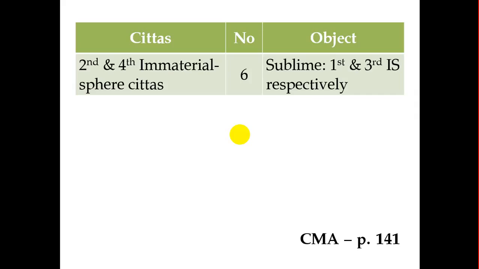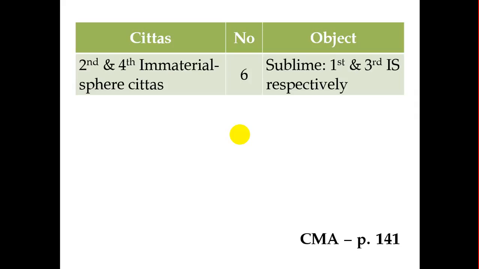So that means the third immaterial jhana takes a concept, right? The first immaterial jhana also takes the concept of space, but the third one takes the concept of nothingness, right? That nothingness does not exist as a reality. Our mind created it. So therefore the mind is very powerful, right?